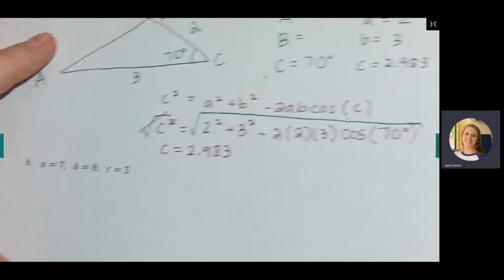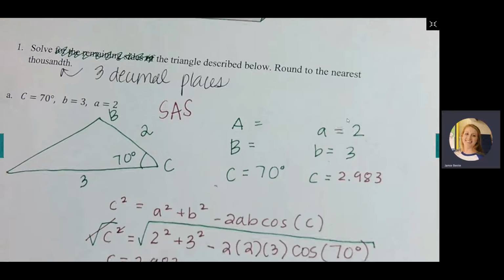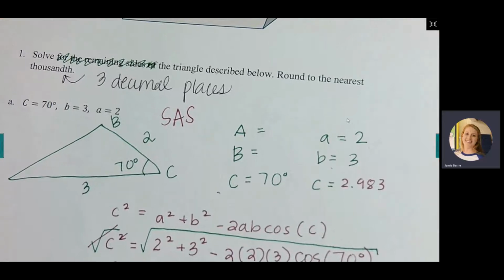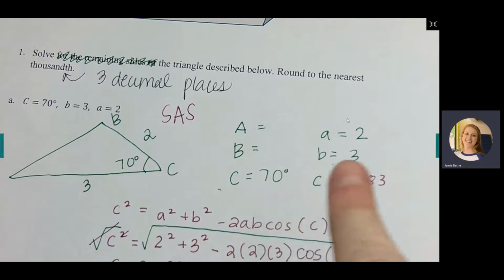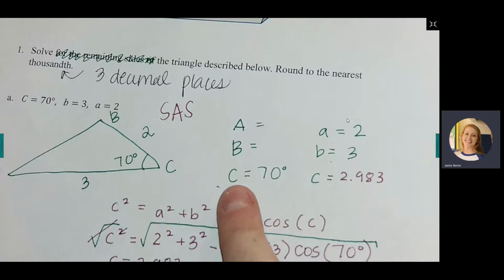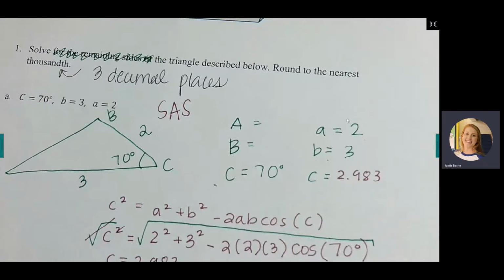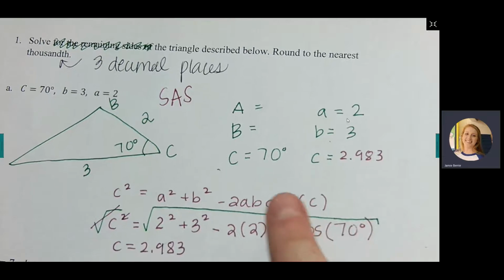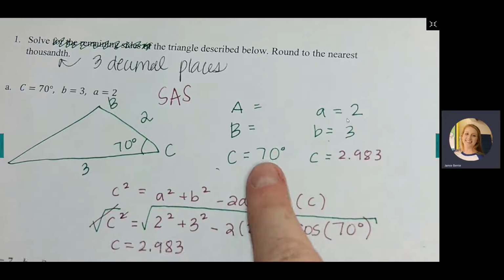Like I said a few minutes ago, one good thing about law of cosines is that you only ever have to use it once. Once you have found a matching side and angle, you can then use law of sines. That's the qualification for using law of sines: you've got to have a matching side with a matching angle.